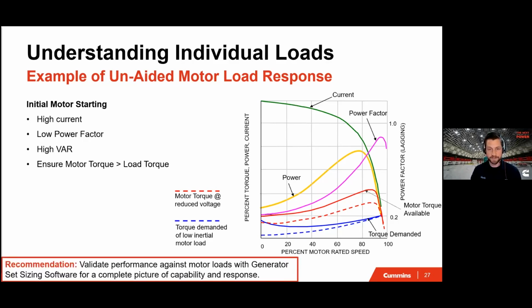Well, that's the beauty of generator set sizing software. This software is loaded up with tons of generator set performance data to most closely model how the engine and alternator will respond to your particular loads. Perhaps the example above paints an exaggerated picture. It is a theoretical case study here, but it's a situation that you don't want to be caught unaware in. Sizing software for the generator set solution is how you get that reassurance.